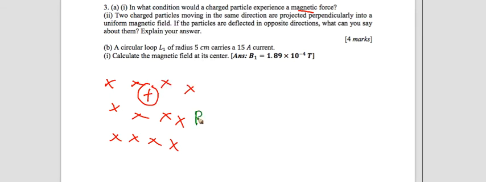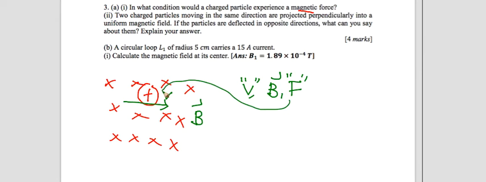This is B. So now the combination of the speed of the charge, V, and the magnetic field B gives us the force, and the force here is the force exerted on the positive charge.